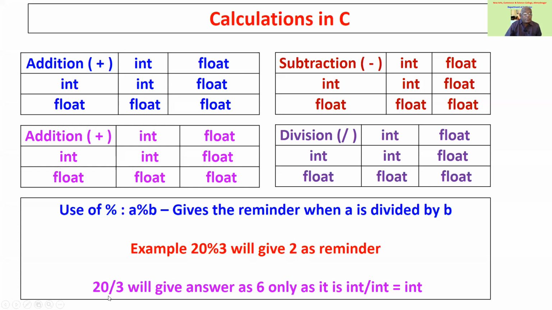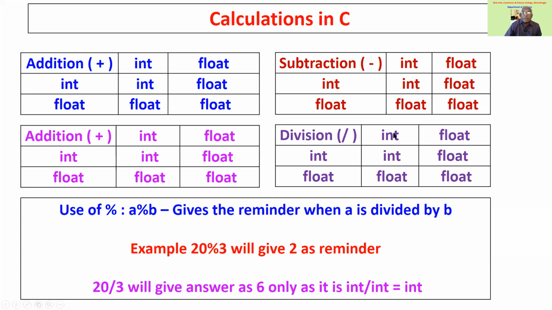Let us see another one: 20 by 3. Here 20 is an integer, 3 is an integer, and so the result will also be an integer, which is 6. The fractional part will be discarded because both are integers.